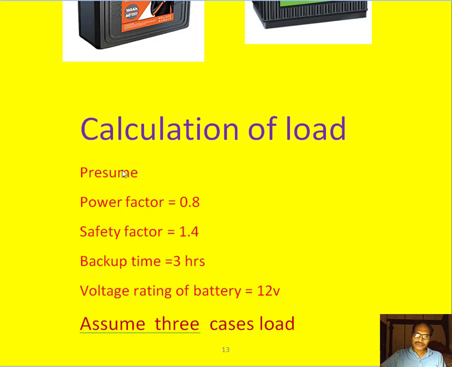Power factor is 0.8 lagging, safety factor we take here as 1.4, and backup time we are taking as 3 hours here. You can also change this if you want. You can change to 1 hour, 2 hours, 3 hours, 4 hours or 5 hours. But as the number of hours increases, automatically the cost of the inverter and battery set increases.